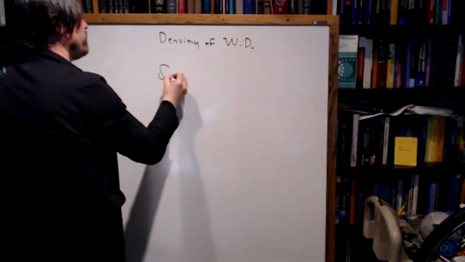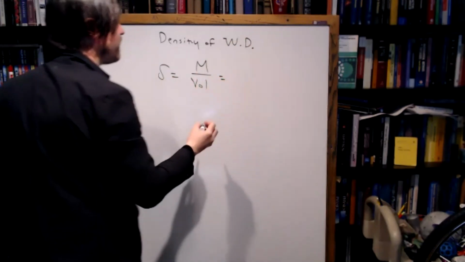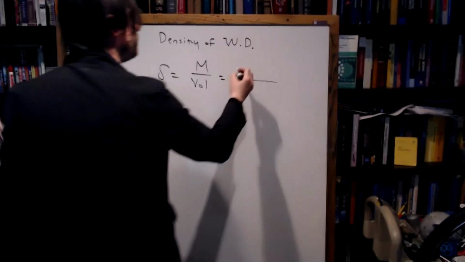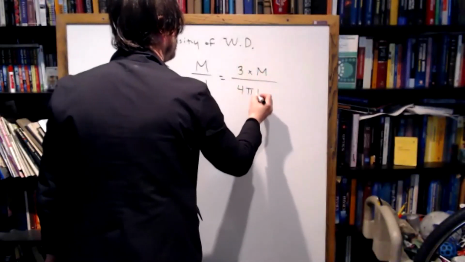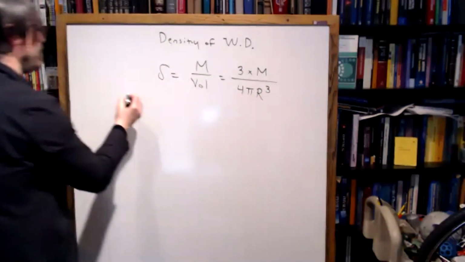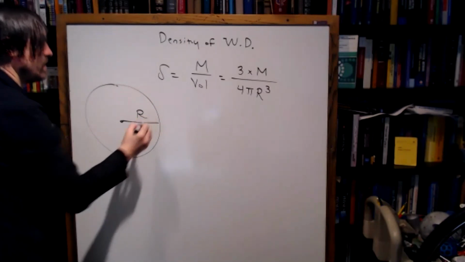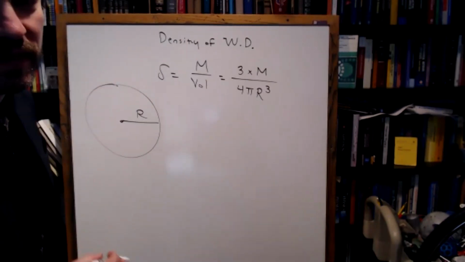Now, density, as you know, is mass over volume. And the volume of a sphere is 4/3 pi r cubed. Meaning, if I give you the shortcut version, the density of a sphere of radius r is 3 times its mass over 4 pi r cubed.